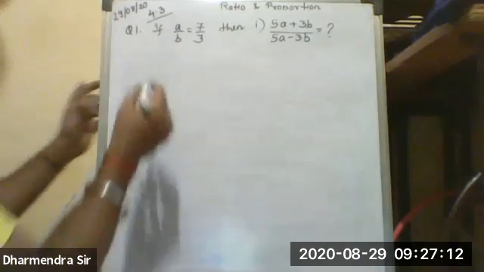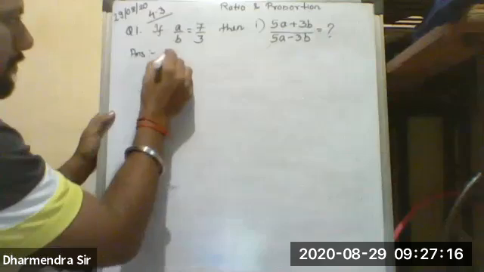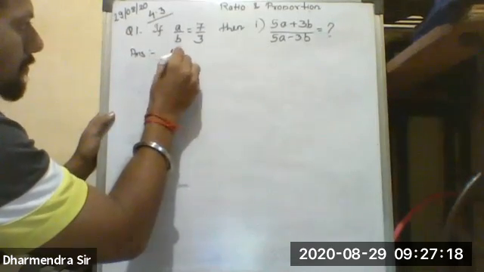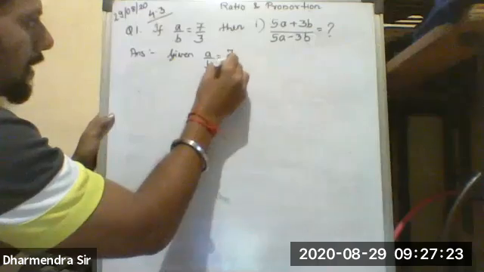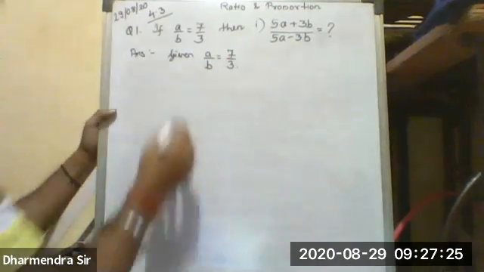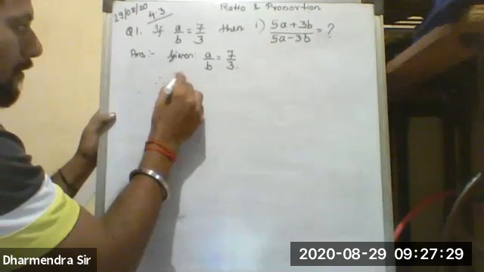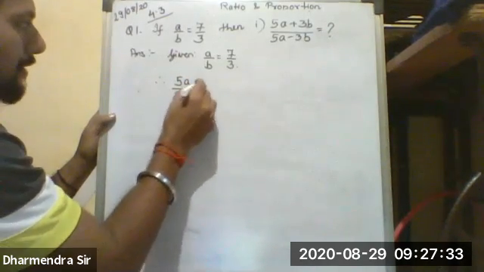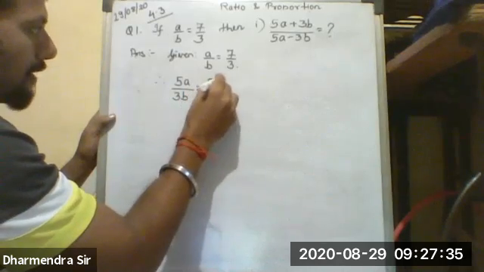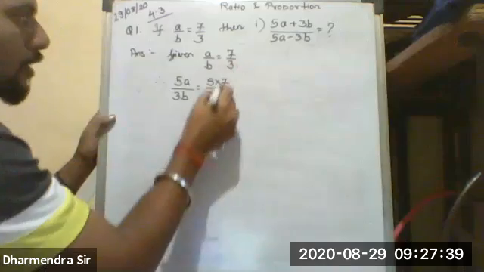So answer, given a by b equal to 7 by 3. As per requirement, 5 times a upon 3 times b is equal to 5 into 7 upon 3 into value of b is 3.